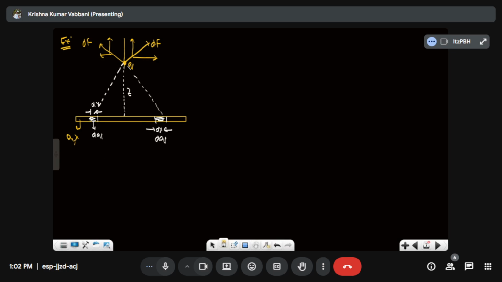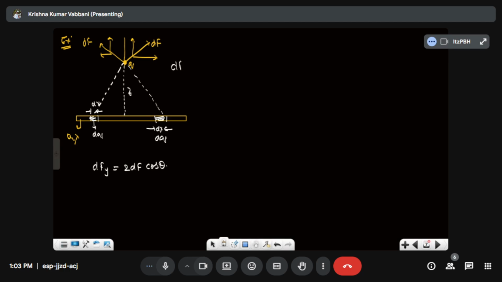What I got from the previous result: my dFy is equal to 2 times dF cos theta. What is dF actually? Please write what is dF.